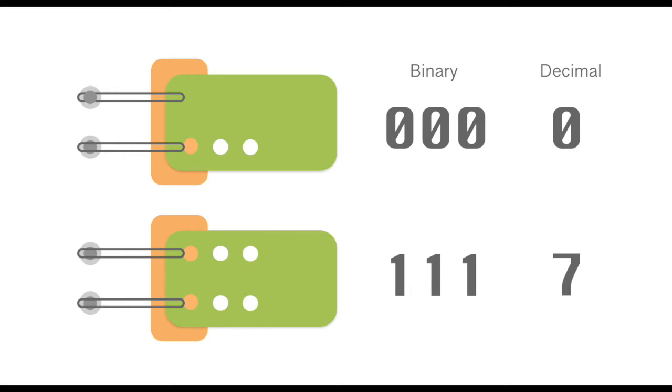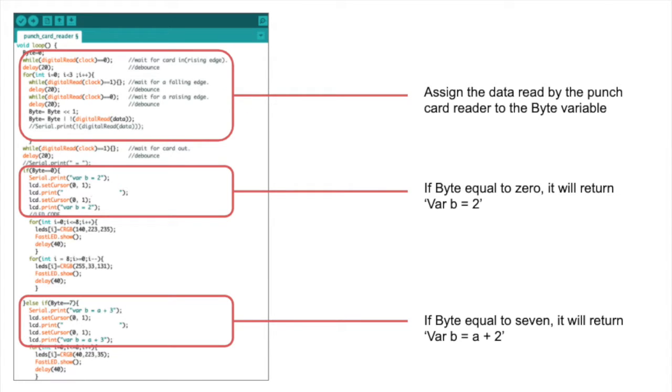So if we change the binary number to a decimal number, 000 equals 0 and 111 equals 7. So in this if statement, if byte equals 0, it will return B equals 2. But if byte equals 7, it will return B equals A plus 2. That is how the punch card reader gets the data from the punch card.